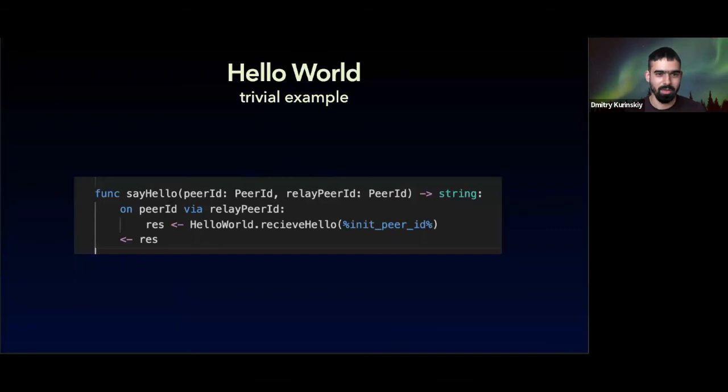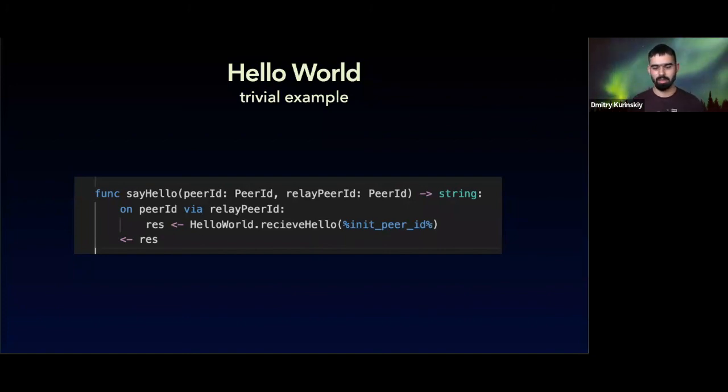That's a tiny snippet of a hello world made trivial, finally, and running in a Web3 peer-to-peer fashion in 4 lines of code. So it seems very simple. You say that you want to call some function somewhere, and you want to get to this place through some relay.